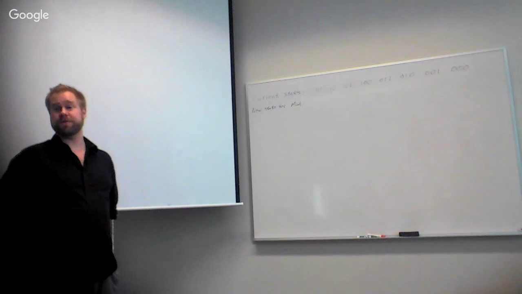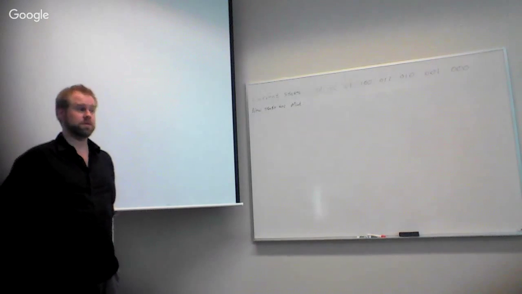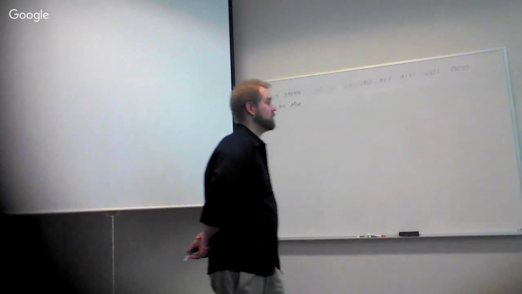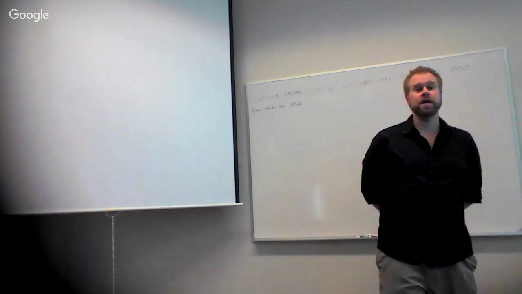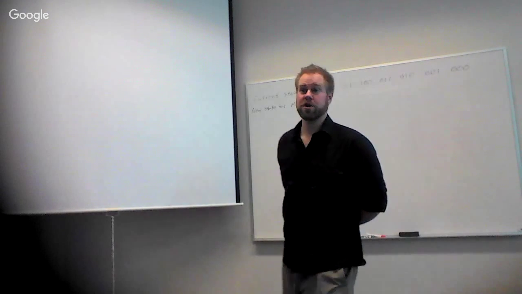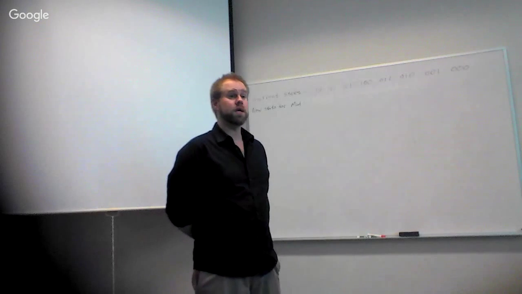So there are 256 elementary cellular automata. People have looked at these 256, characterized them, looked at different things.